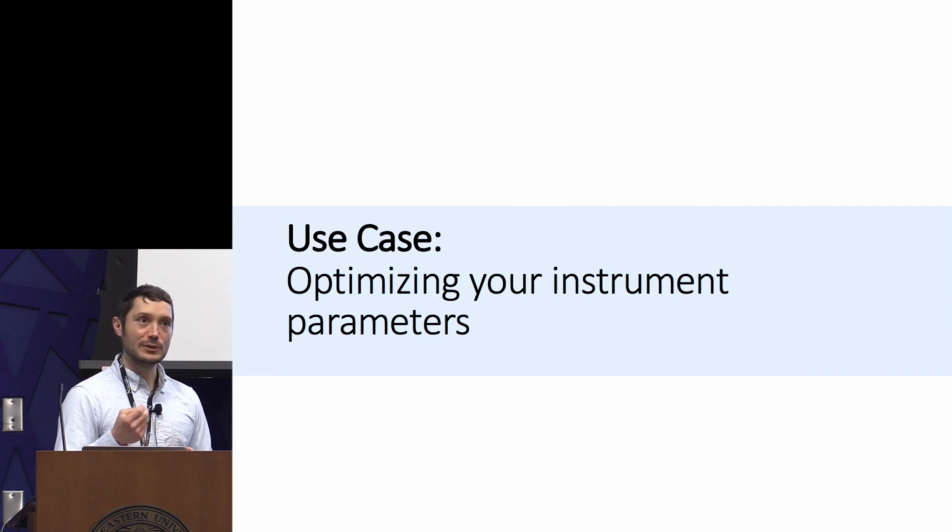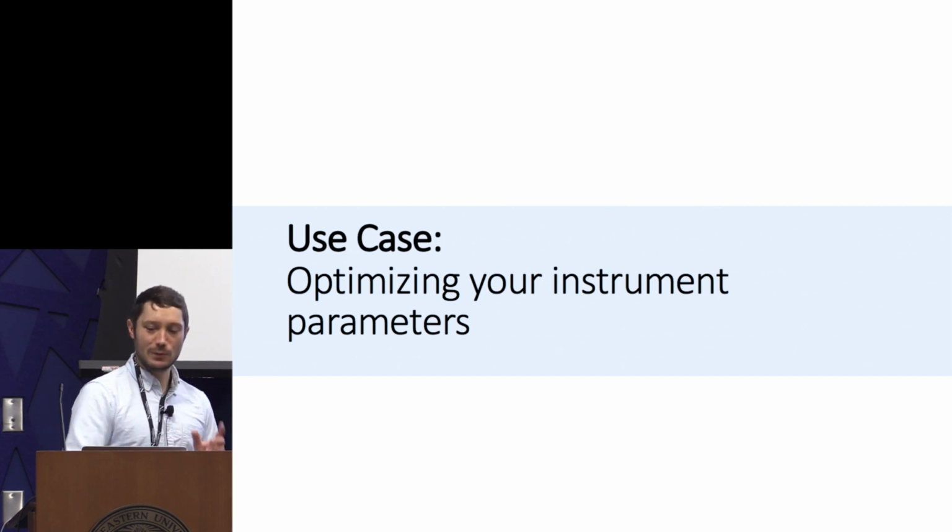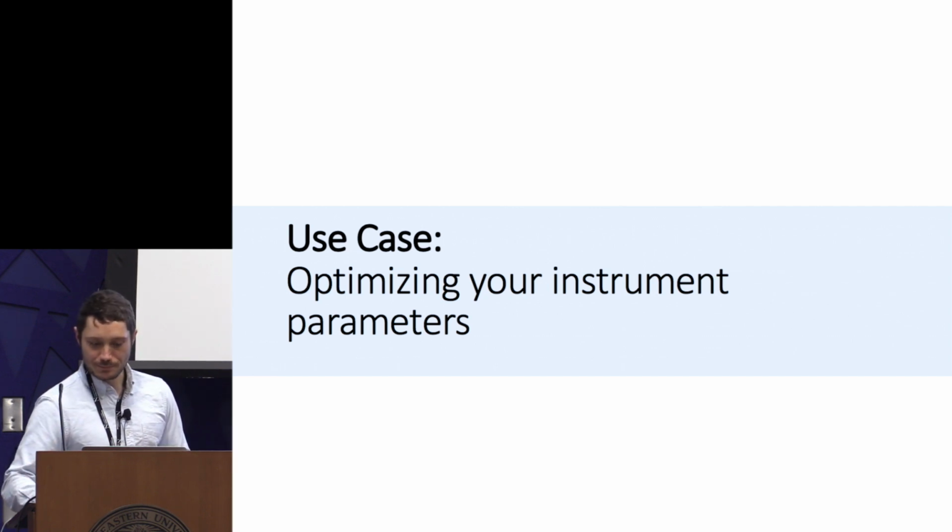And once we settled on using a 60-minute gradient and a 250 millisecond MS2 injection time, we kind of realized that there was still some optimization that could be done in terms of where we were targeting our ions. And we'll see this momentarily.